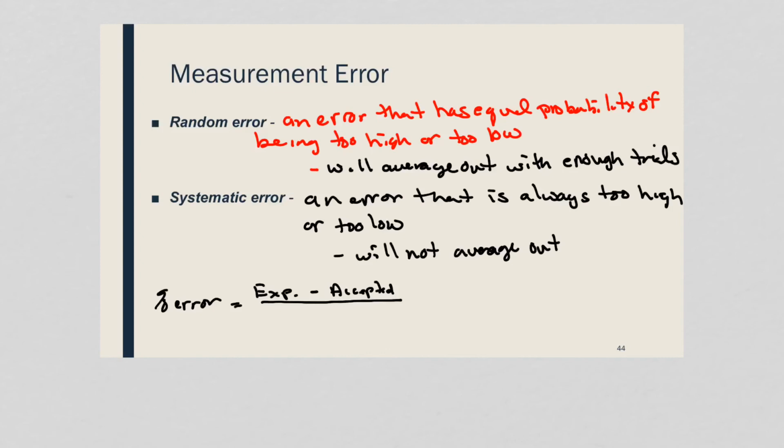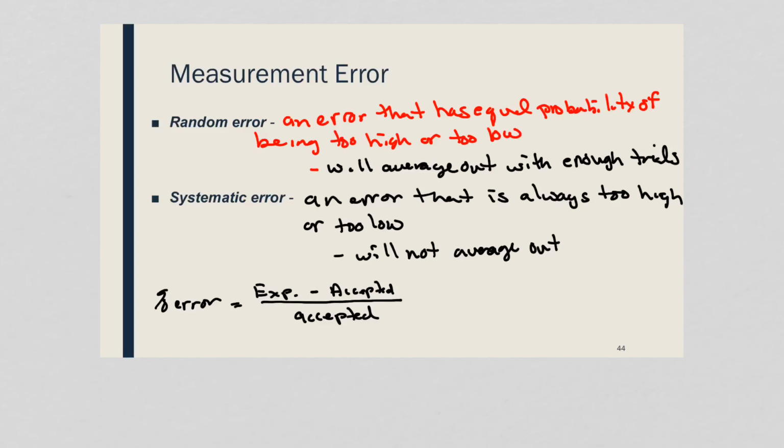Depending on how you're doing, if you look this up, sometimes this will be an absolute value, sometimes it's not. It depends on whether you want to know the absolute error, meaning just how much it's off by, or if you also want to know whether that error is too high or too low.